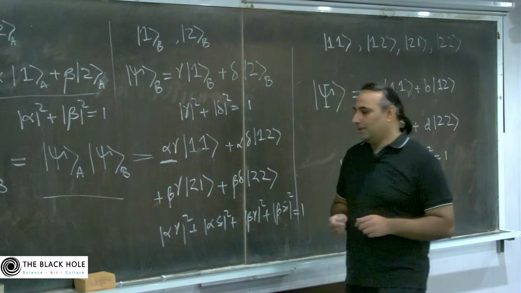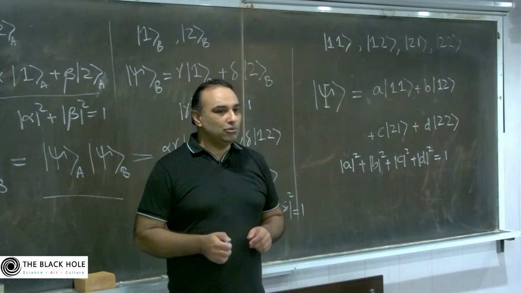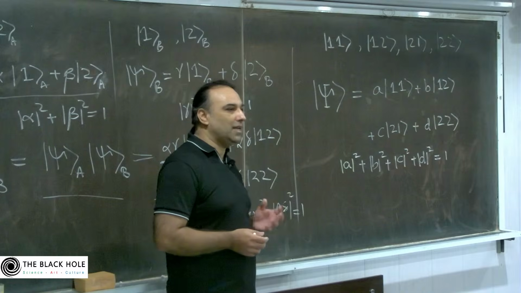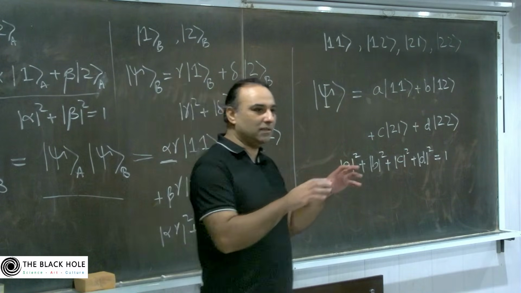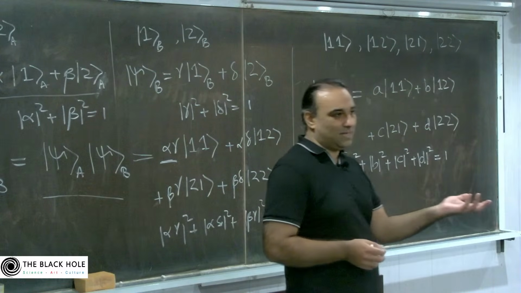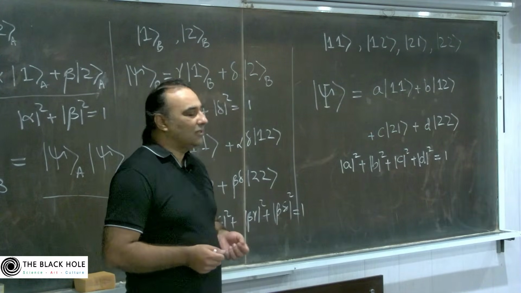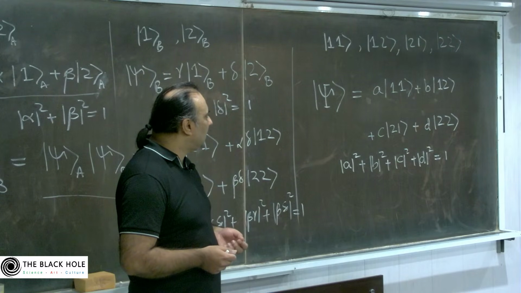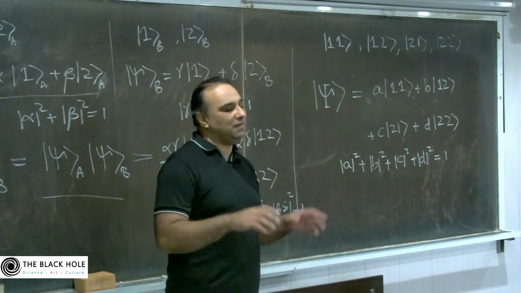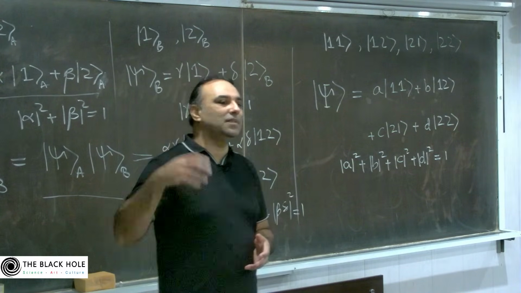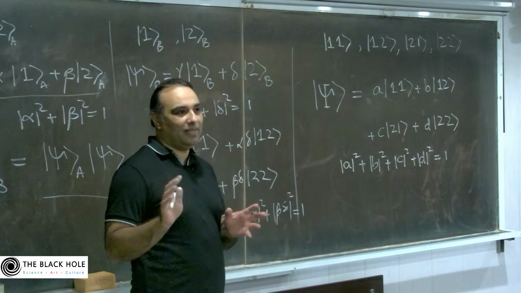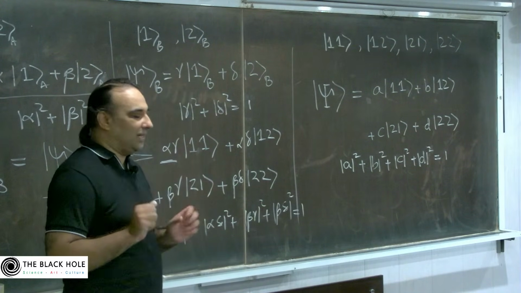There are certain things that we can do, and usually when we have a composite system, we don't always like to work with the full system. Usually we like to work with a part of that system, a subsystem. Okay, so that means instead of a two-level system, we are actually interested in one two-level system, but somehow that two-level system is coupled to another two-level system and we can't get rid of that. Okay, so a situation like that.